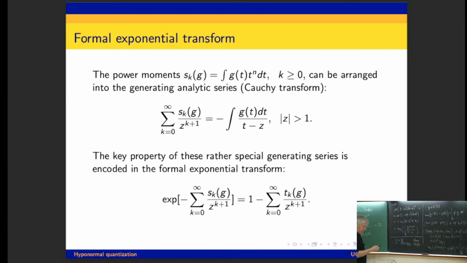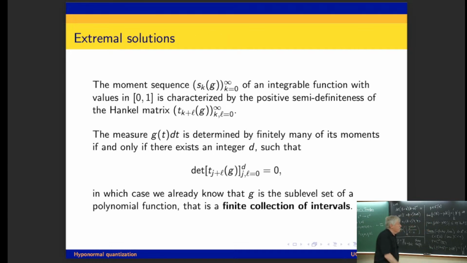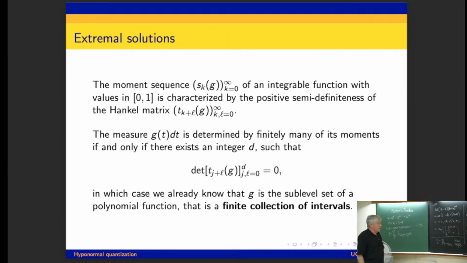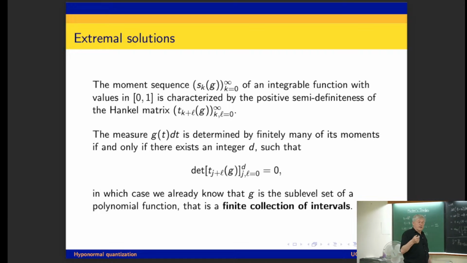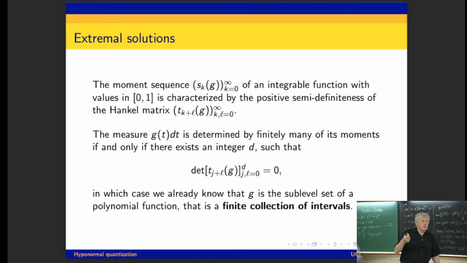And our conclusion, if you remember last time, was that this G is extremal, that means it's only 0 and 1, if and only if this has a vanishing Hankel determinant, is extremal, or if you want, is degenerate as a Hankel matrix. That was our discovery, and this corresponds exactly to the exact reconstruction of shade functions.